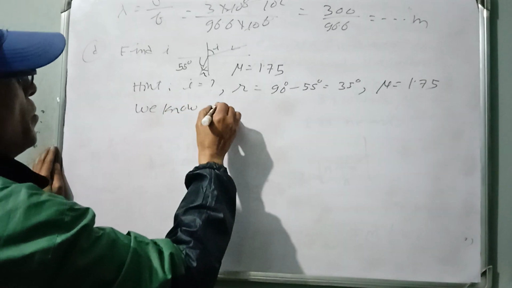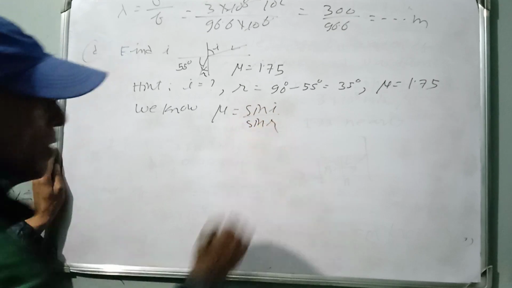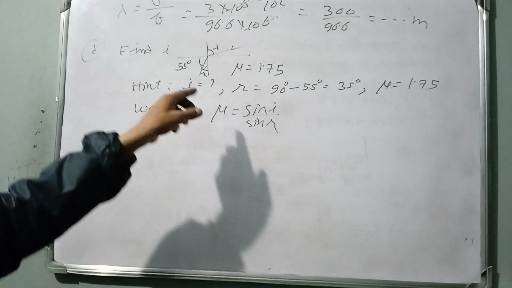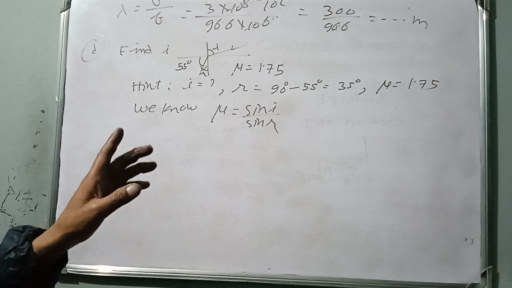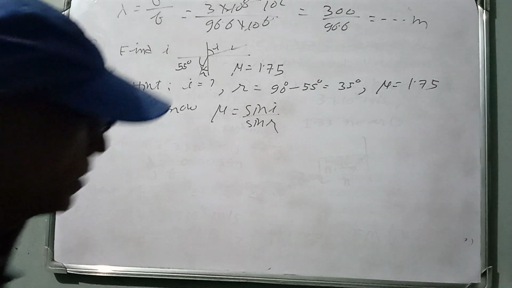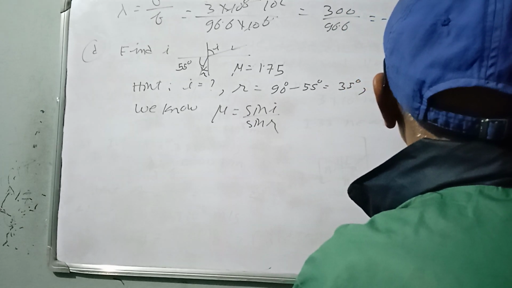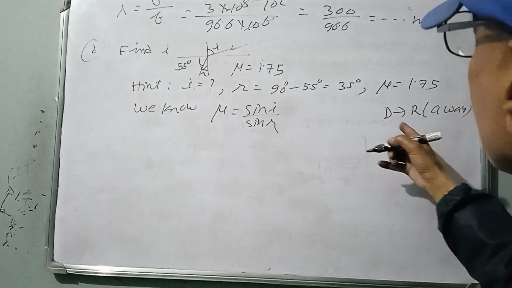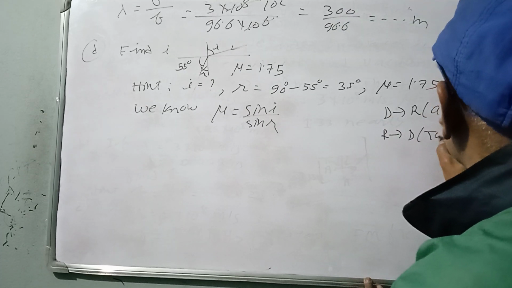We know mu equal sin I by sin R, because light is passing from rarer medium to a denser medium. It means when the light is bent towards the normal, it means rarer to denser. See, denser to rarer away. If it is bent away, you should know that it is coming from denser to rarer. Rarer to denser, towards.